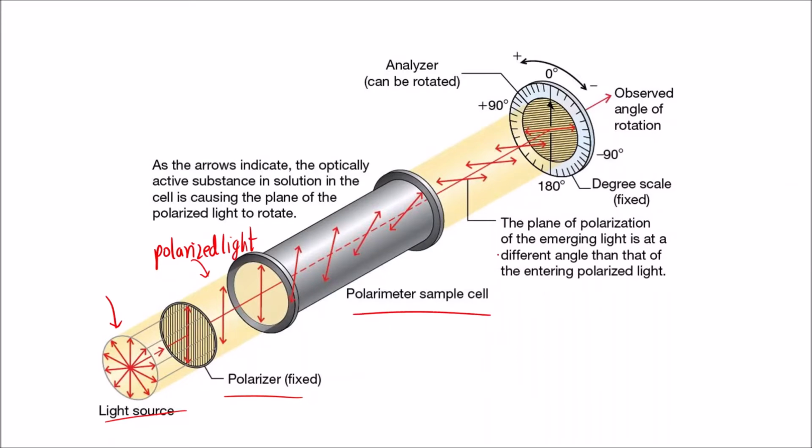Here you can see there are markings of the angles, and this analyzer will rotate based on the rotation done by any optically active substance, and then we can measure this angle of rotation.